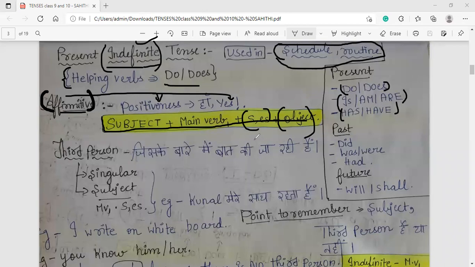Remember this: whether you ask on any website or search on Google, it will always say that in present indefinite tense and past indefinite tense, in the affirmative form, there is no helping verb present. That's the exception. So this is the formula for present indefinite tense affirmative: subject plus main form of verb plus s or es plus object.